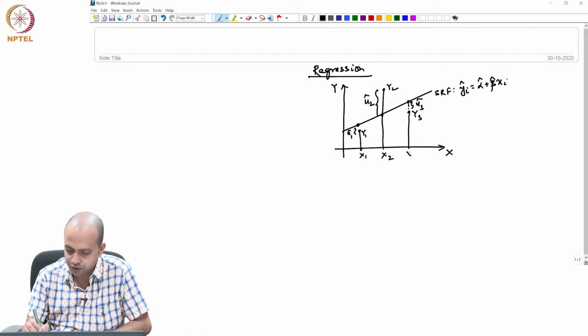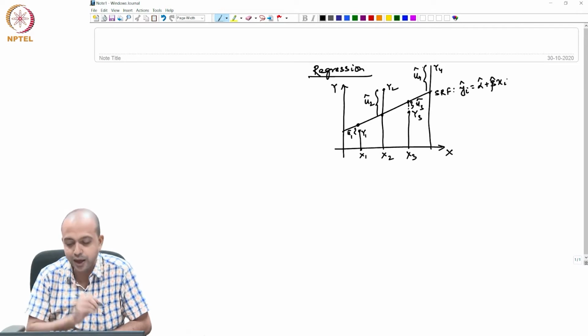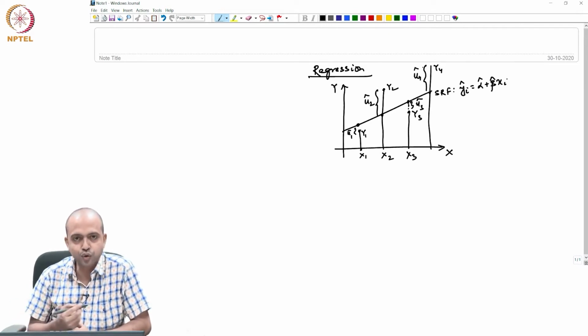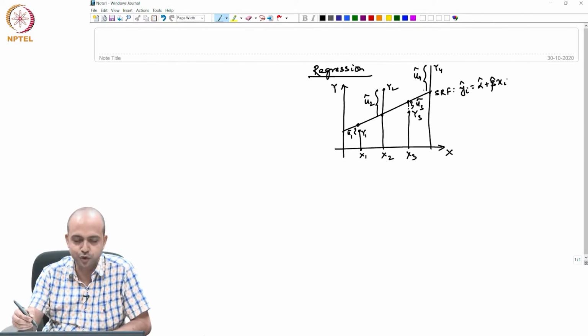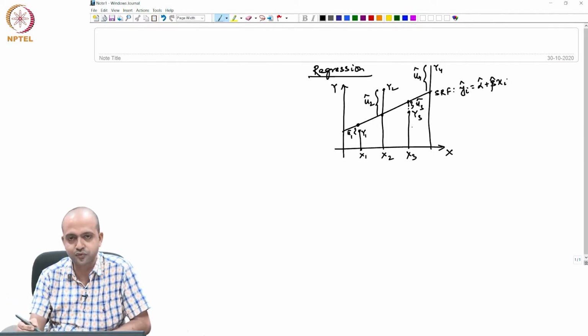And for x4, this is your observed y4, but your predicted value is here. So, that means this gives you u4 hat. When your actual y is greater than your predicted value, then y i minus y i hat is positive. That means the predicted value of the error term is positive, but when your observed value is lower than what you have predicted, then your predicted error value is negative.